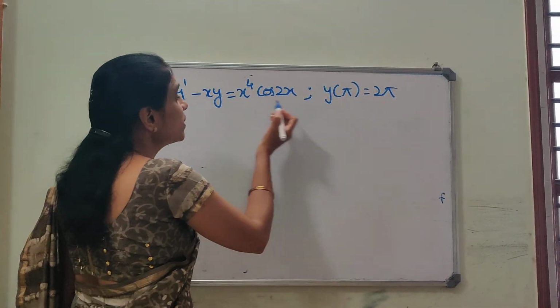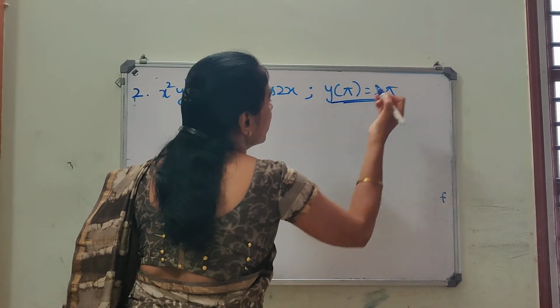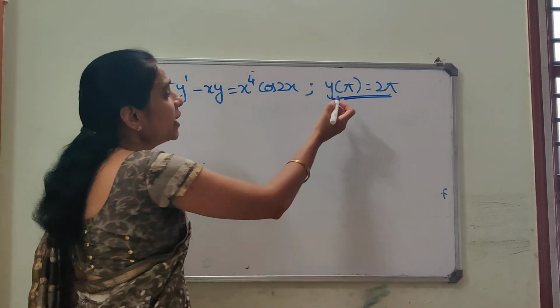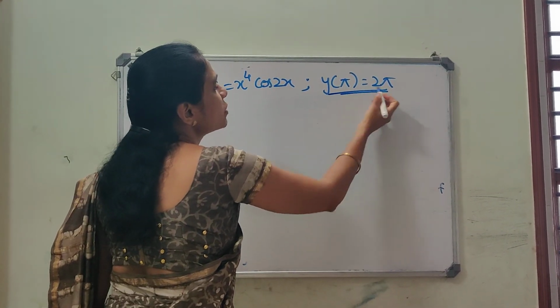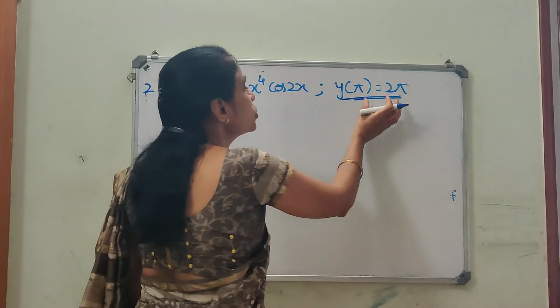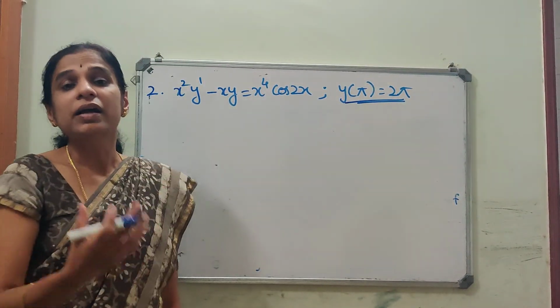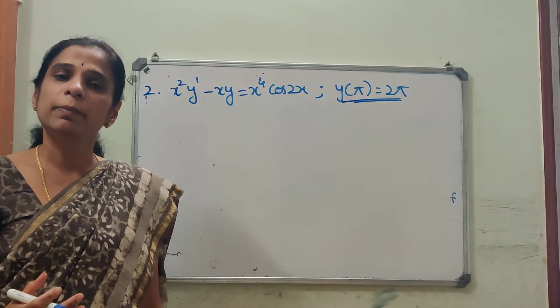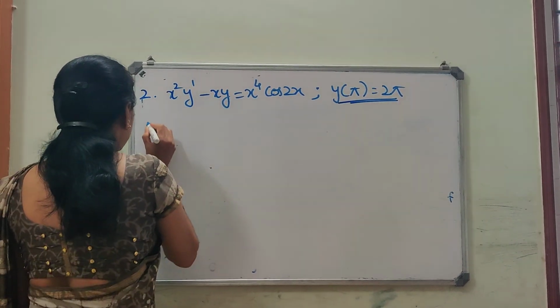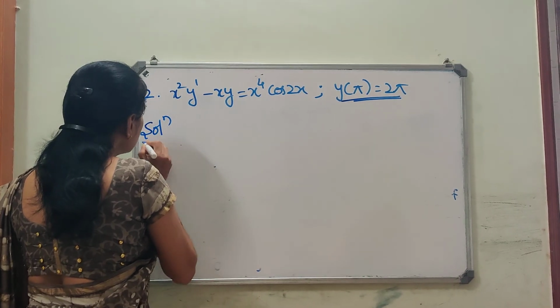And not only that, we have been given a condition here. So after finding all the solution, finally at x is equal to pi, you know something about the function y, how y is behaving at x is equal to pi. So make use of that to get the constant C, and hence you will be able to get the particular solution of this particular problem. So what is that we need to do here?